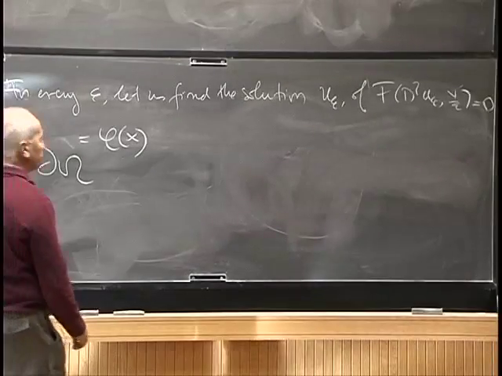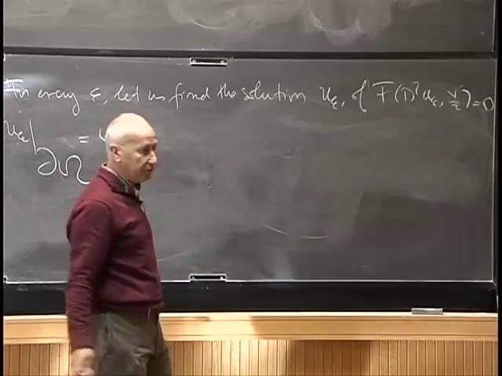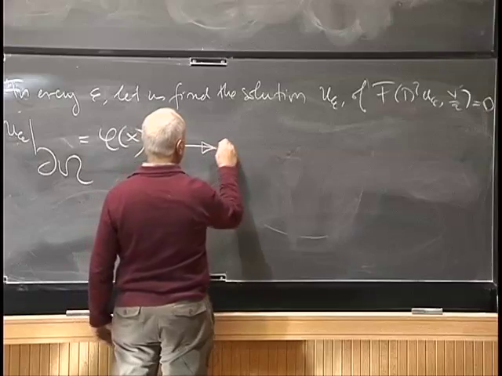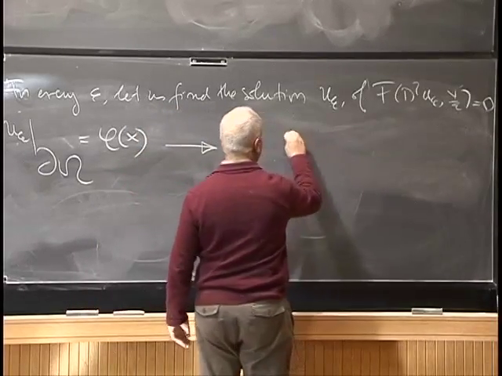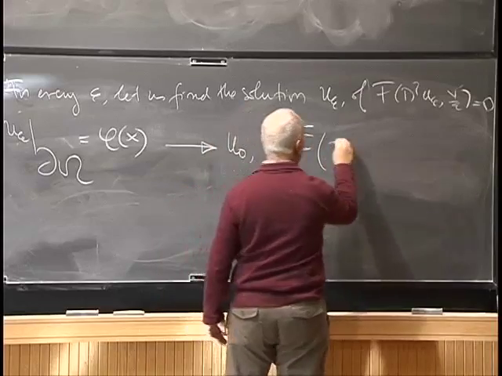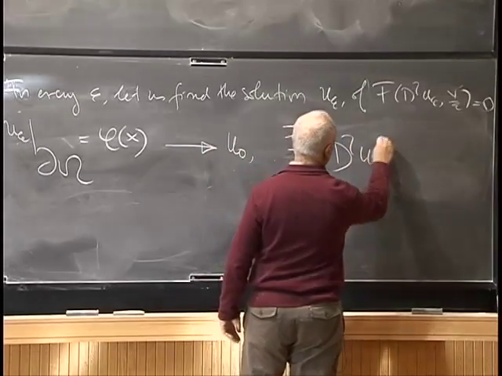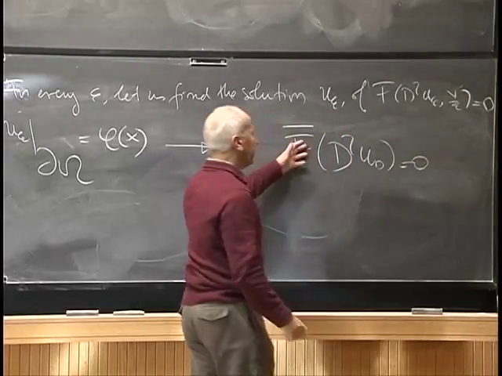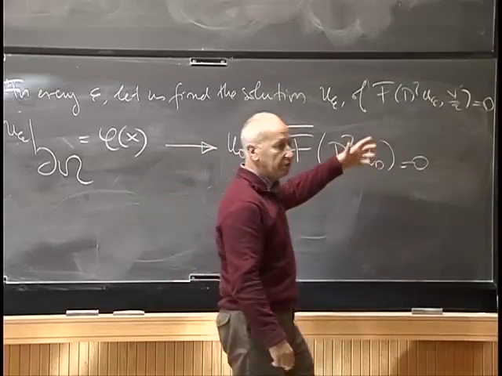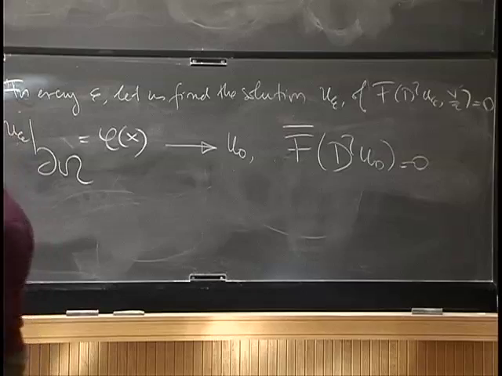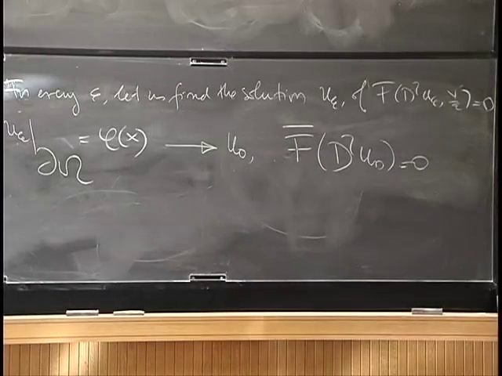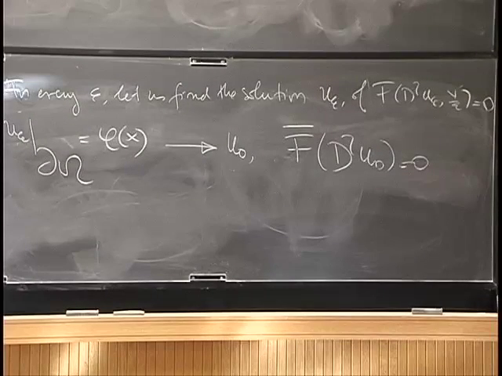What you want to show is that all of them converge to a single function u0, a solution of some equation f bar of D squared u0 equal to 0, and that f bar inherits the properties of f, like if f happens to be continuous, concave or convex or whatever, this is inherited by the limit.